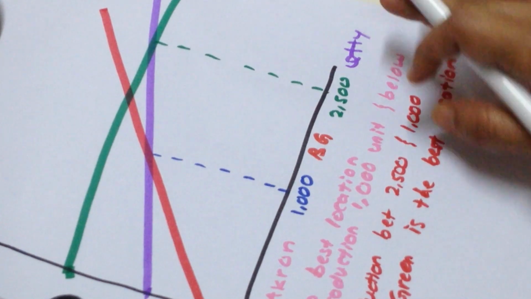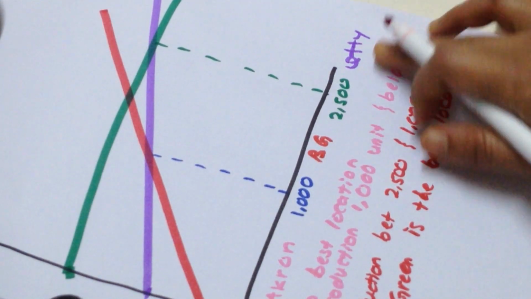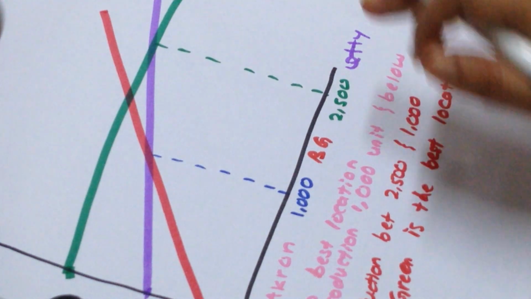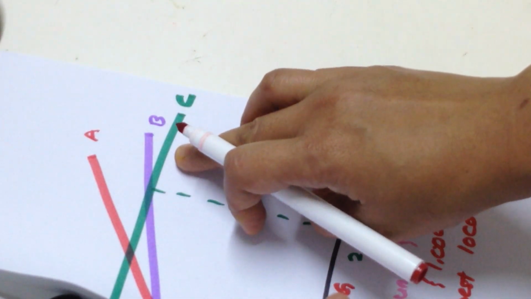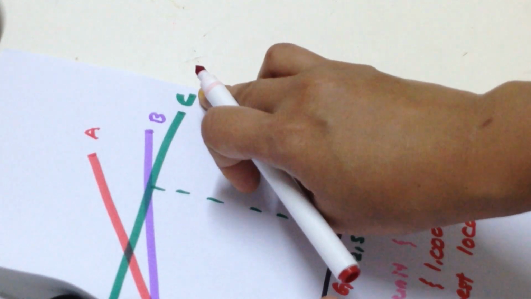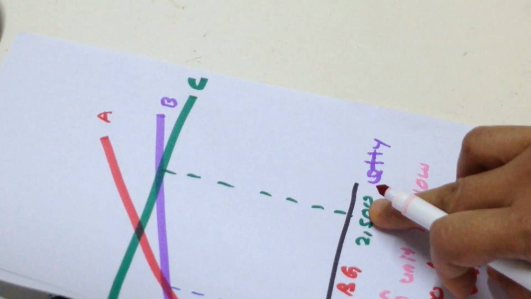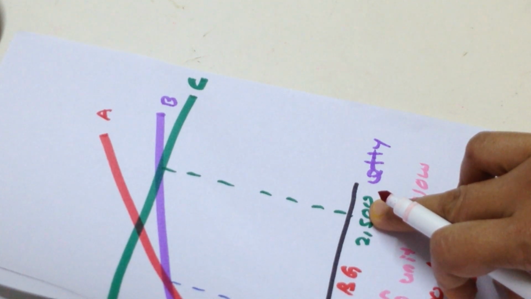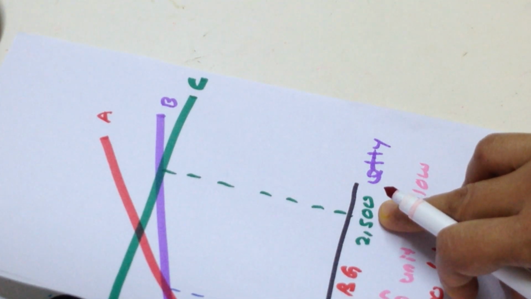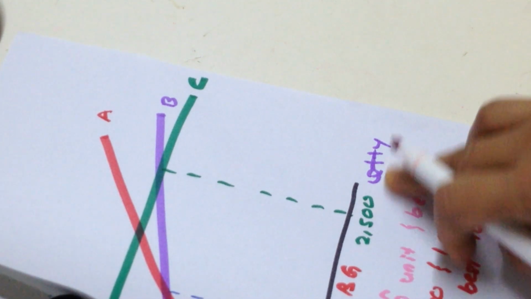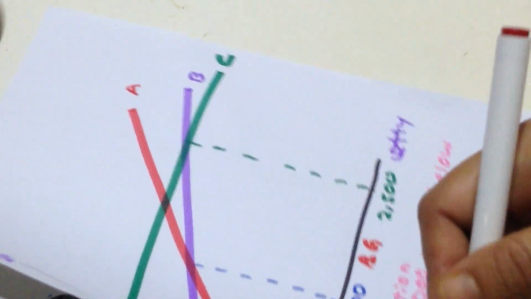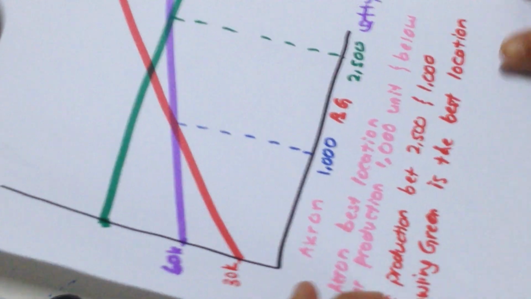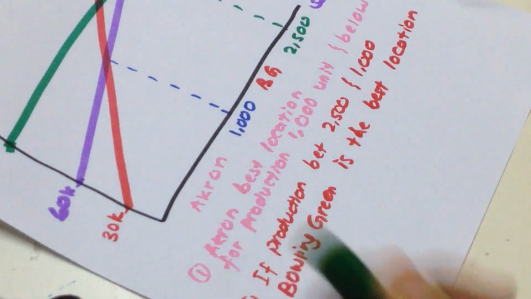Okay, if you wish to produce more than 2,500, if you can see the graph here, the lowest line or the lowest color is the C. C is for Chicago. So if you wish to have production of more than 2,500 and above, Chicago is the best location. So how to interpret?